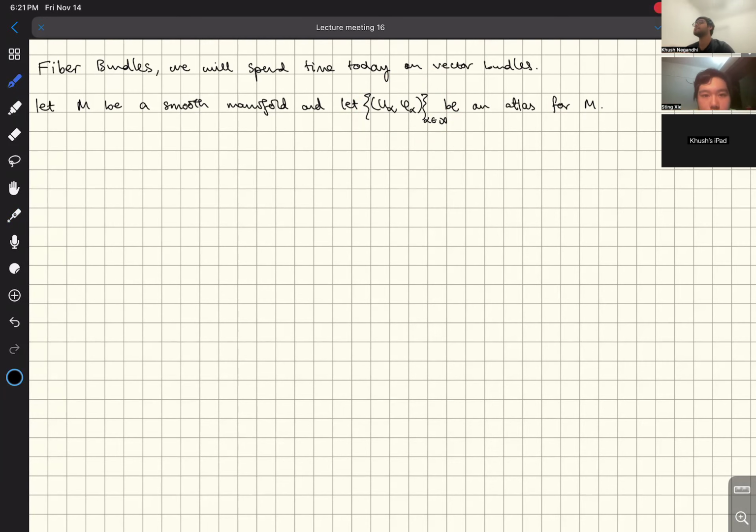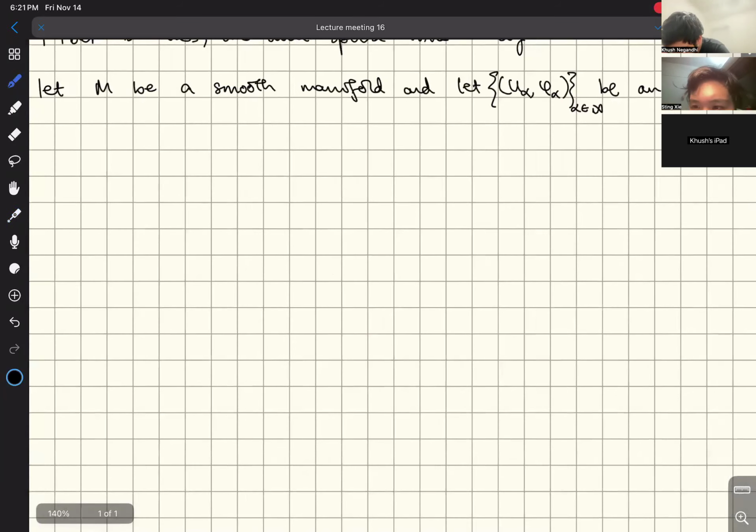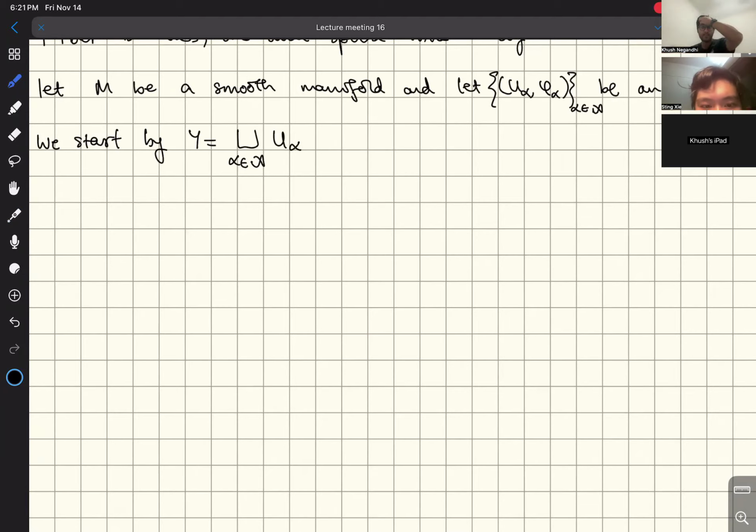So step one is, we combine everything into one. We start by setting Y equal to the disjoint union over alpha of U_alpha. All this means is you stack the sets on top of each other. So even if you have two of the same sets, it's fine. There are still two distinct sets in this case.